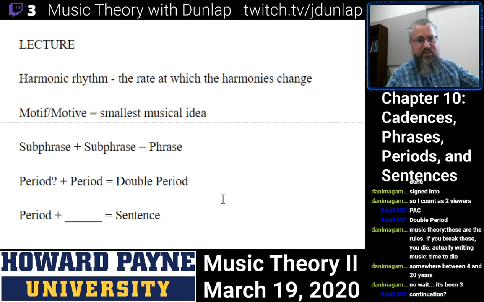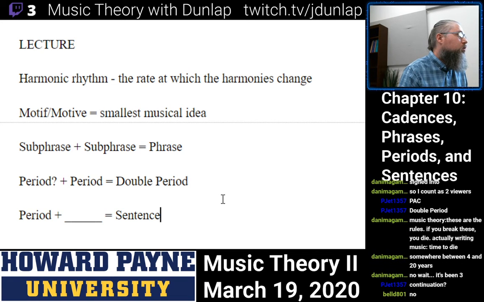so reading out of the textbook, here's what they've said, and then I'll say what I would say. Characterized by the immediate repetition or variation of a musical idea followed by a motion toward a cadence.